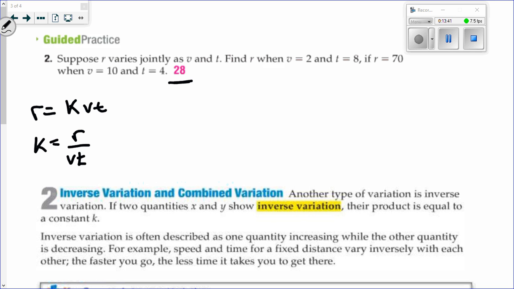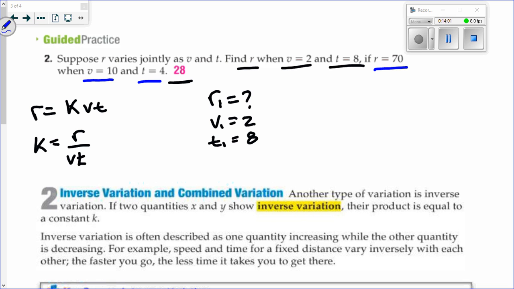The groups of numbers, we got r1, b1, t1, which is what we're looking for. b1 is known, t1 is known. Second group of numbers here, r2 is 70, b2 is 10, t2 is 4.